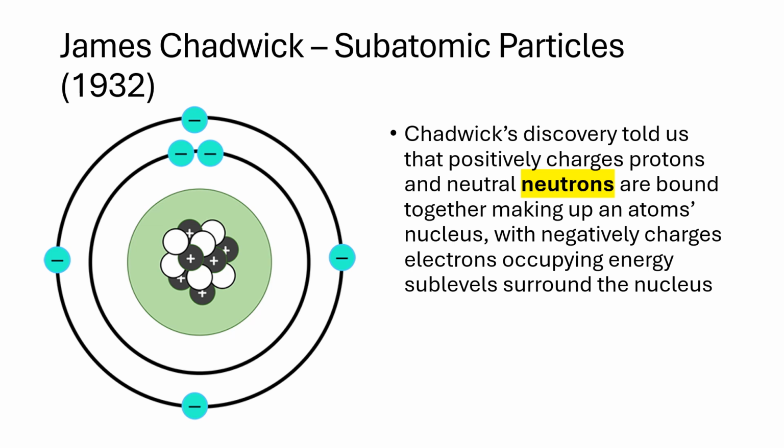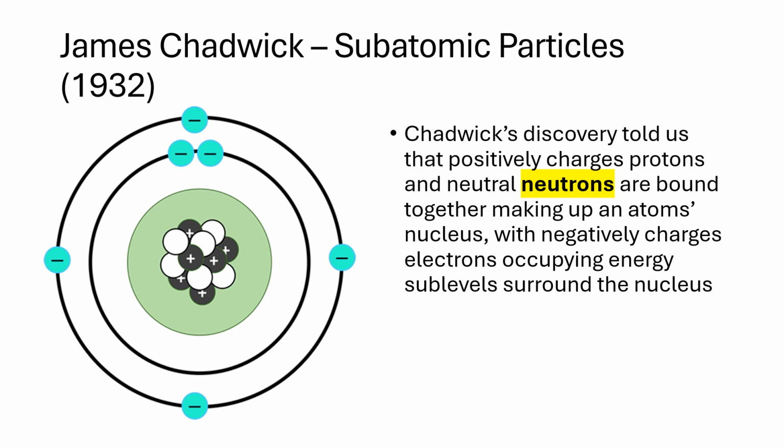Farther out, we can see these little turquoise circles with the negatives in them. These are our electrons, and the electrons are orbiting the nucleus, okay? They have different energy sublevels, and we will get to that later, hopefully Tuesday, Thursday, something like that. So this is what our atom currently looks like.